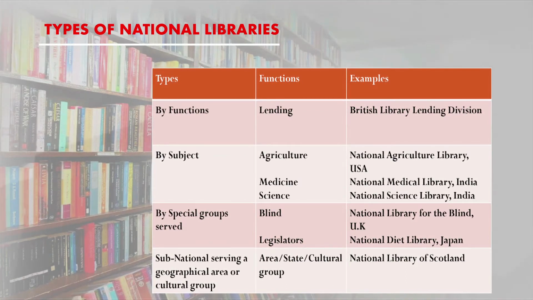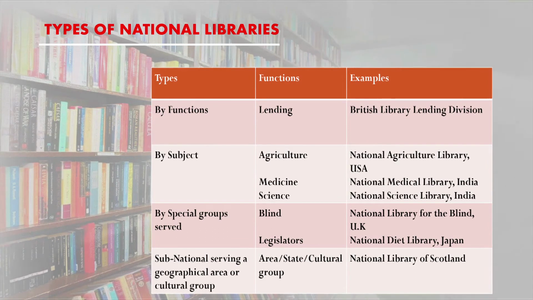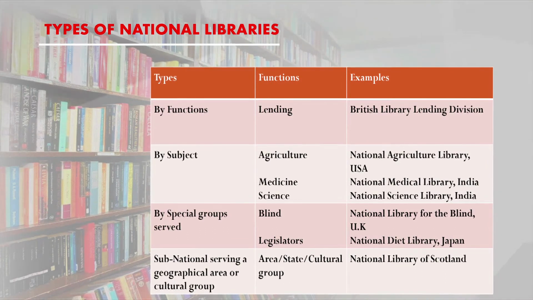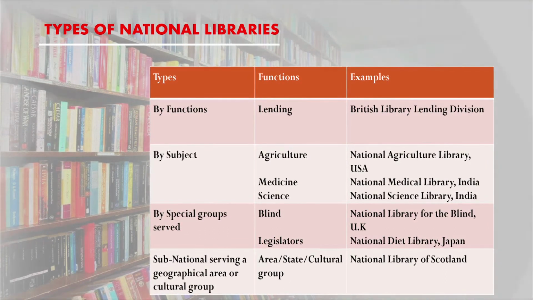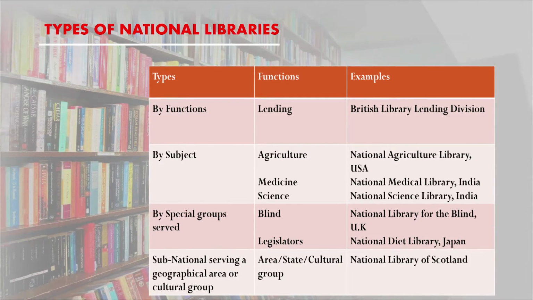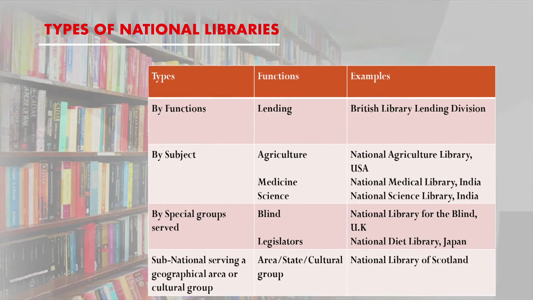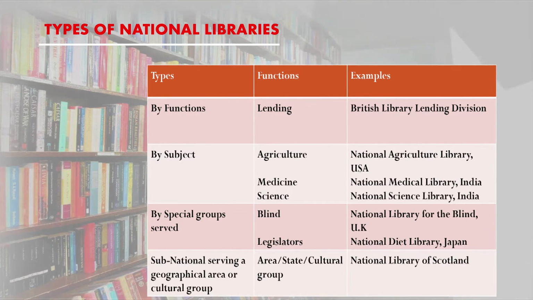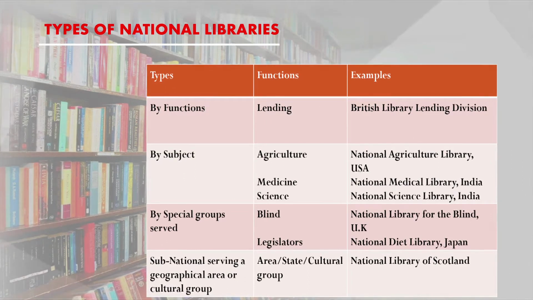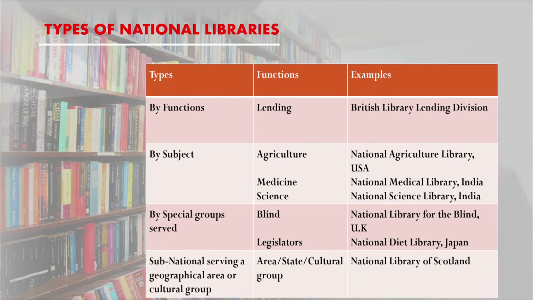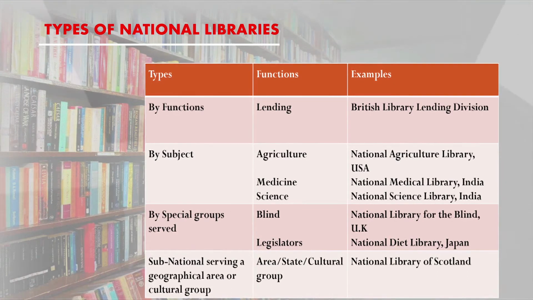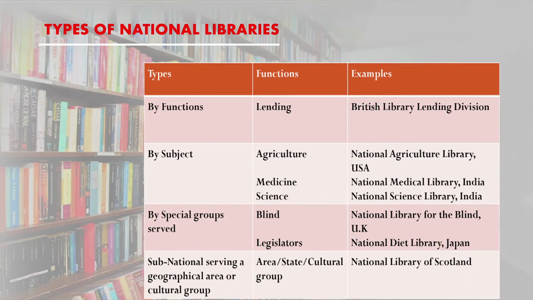By special groups we have libraries, like the National Library for the Blind in the United Kingdom. For legislators, we have the National Diet Library in Japan, and for geographical areas we have libraries like the National Library of Scotland.